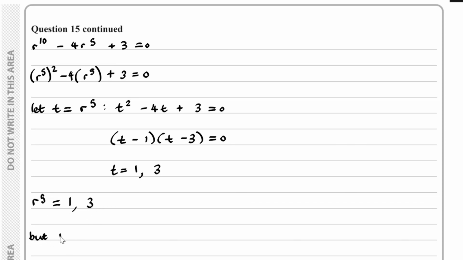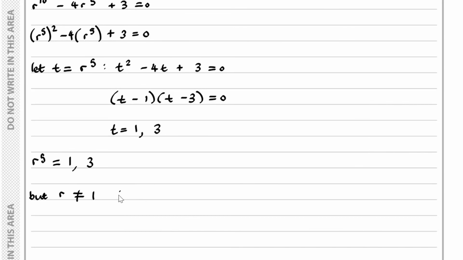And we know that r cannot equal 1, so therefore r to the 5 cannot equal 1, because taking the fifth root of 1 we still get 1. So therefore our only solution in exact form is the fifth root of 3. So this is our only solution.